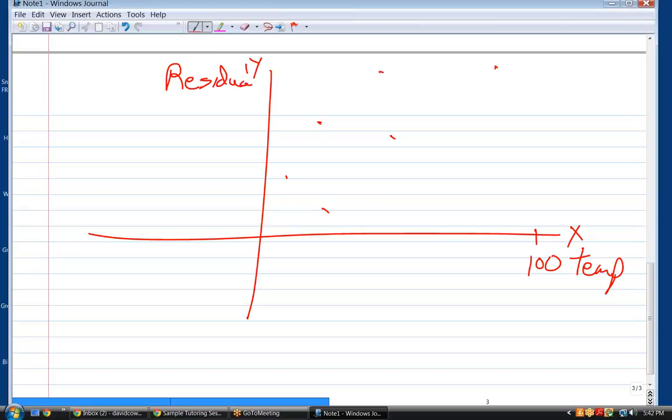I'm not sure what that means. It just says parenthesis, 100s of people, parenthesis. In thousands. In other words, if we have a temperature of, say, 20, we have some number of residuals?